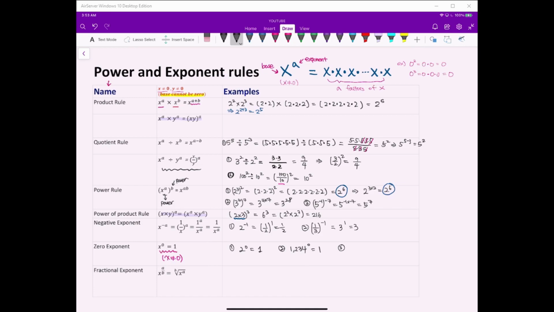Let's look at this example here. What if we have the base value x plus 1 and an exponent of 0? Then this value will also equal 1 under one condition: our base value cannot equal 0, which means x plus 1 cannot equal 0.